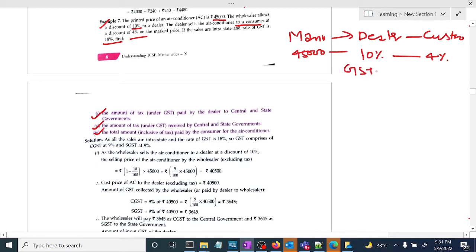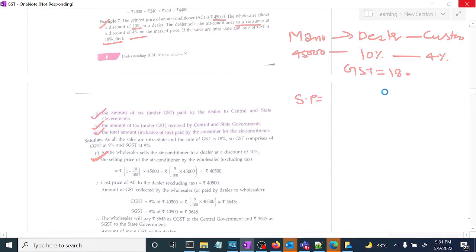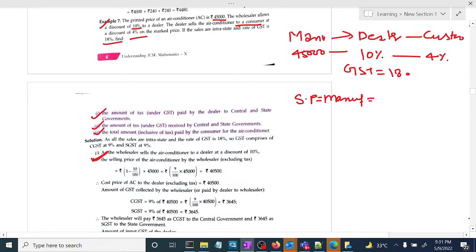GST here is 18%, right? We'll see. So the selling price for manufacturer will be the cost price of dealer, right?